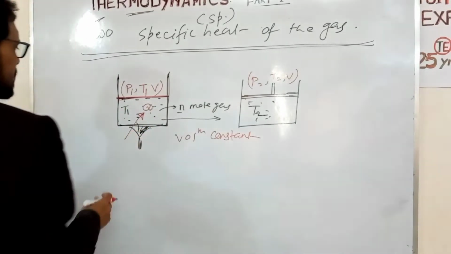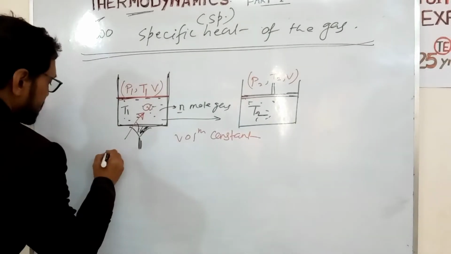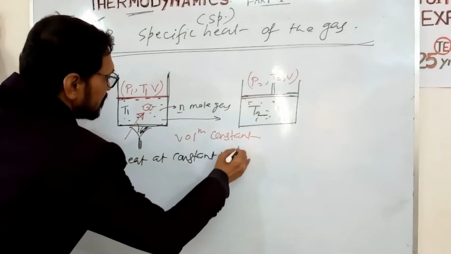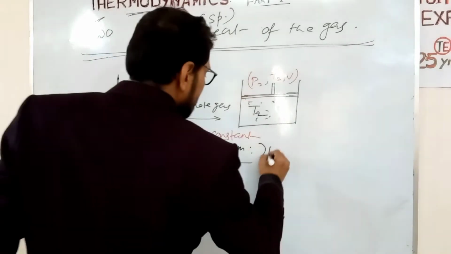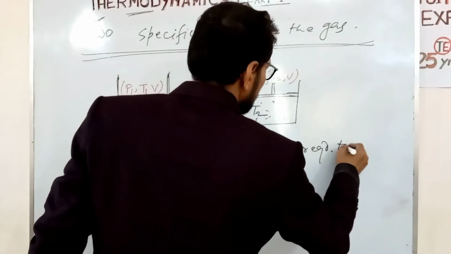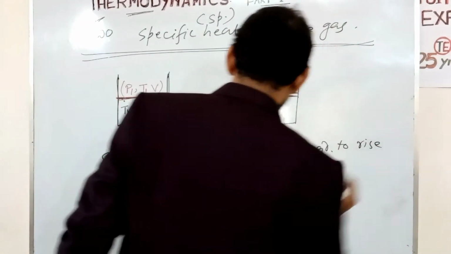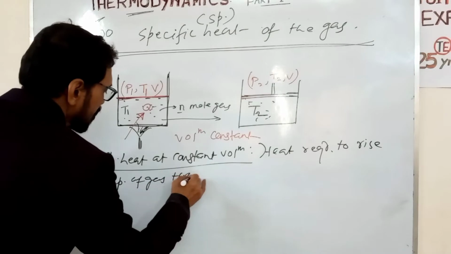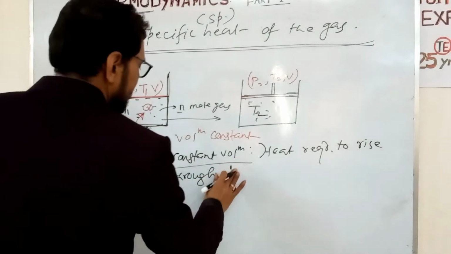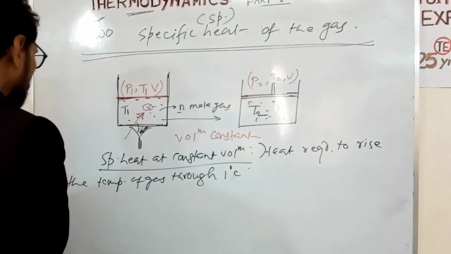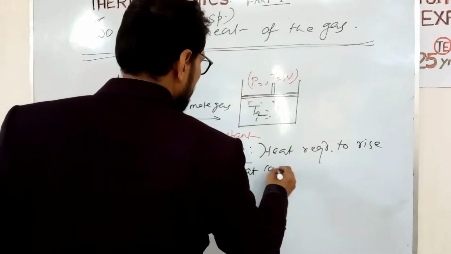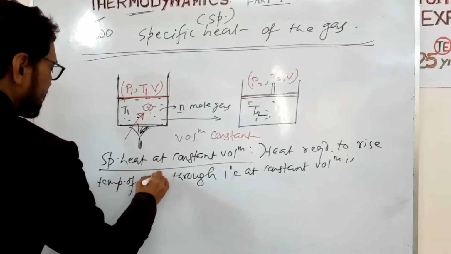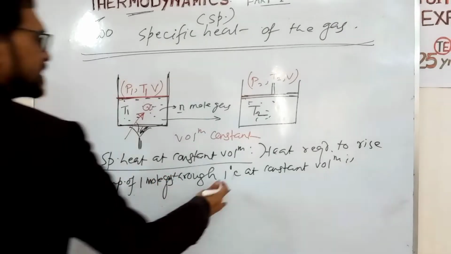If Q amount of heat is supplied to the system, then we define specific heat at constant volume as the heat required to raise the temperature of 1 mole of gas through 1 degree centigrade at constant volume.